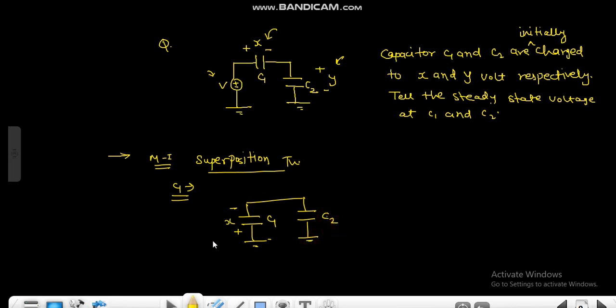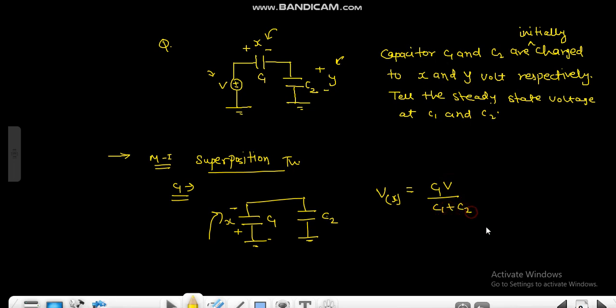I have taken this direction for C1. In this direction I will write the charge on C1. So for C1 only, what would be the voltage because of x volt? It would be C1V upon C1 plus C2.